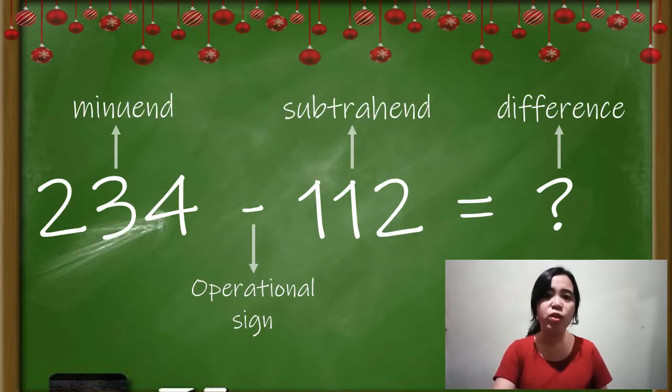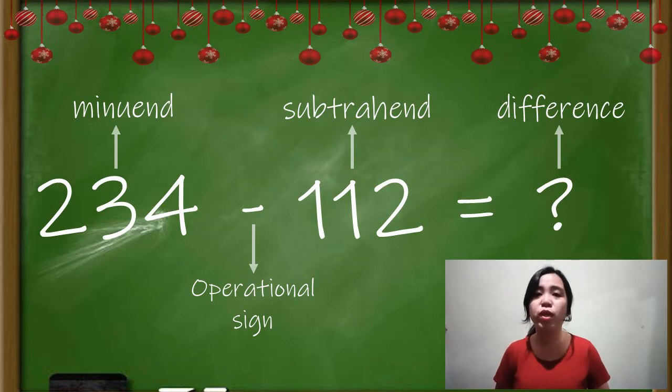Now, what do you mean by regrouping in subtracting? Or why should we regroup when we are subtracting? Because with regrouping, the problem may become easier for us to solve.